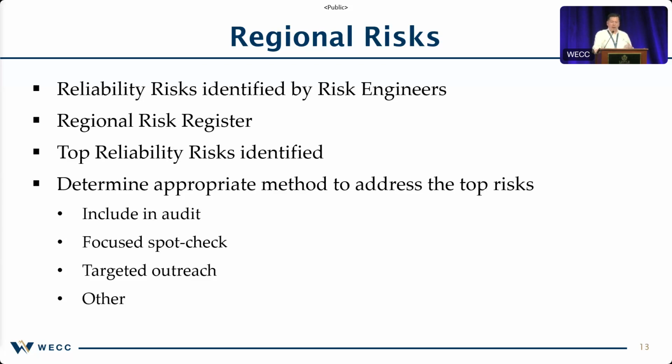So we want to add value to the entities, but we also want to make sure that we're focusing on the highest level risks and understanding which entities have those impacts.